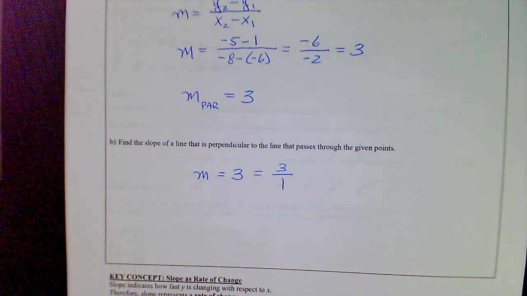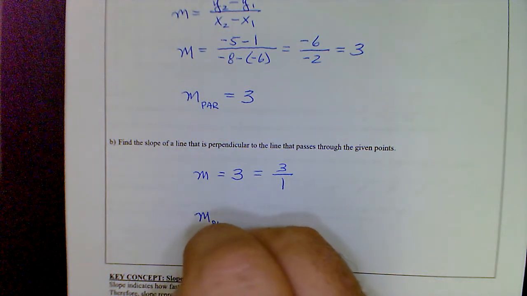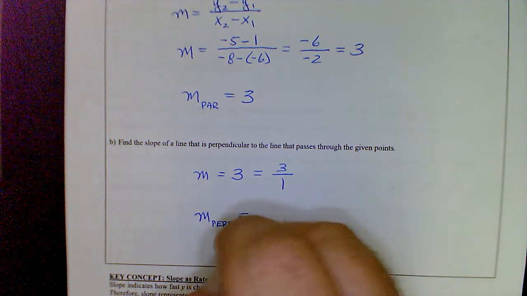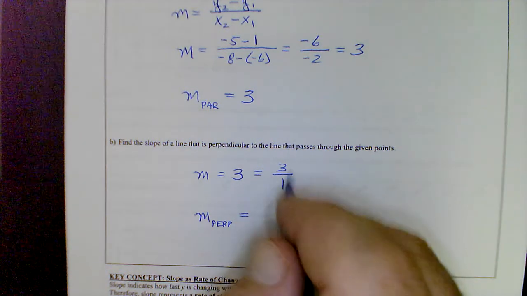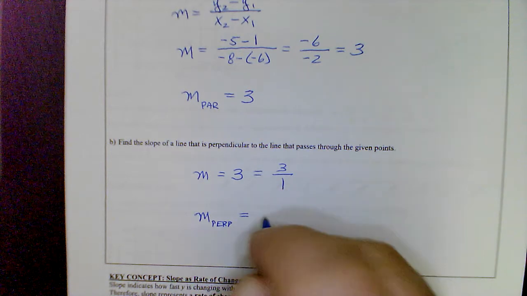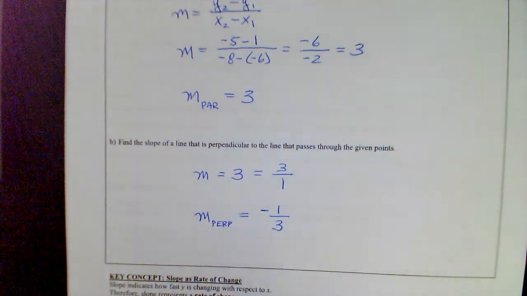And then the easiest way to remember the relationship between perpendicular lines, so I'm going to say m perp, is negative reciprocal. So the opposite of positive 3 over 1 is negative, but then the reciprocal, so flip over the fraction, negative 1/3.